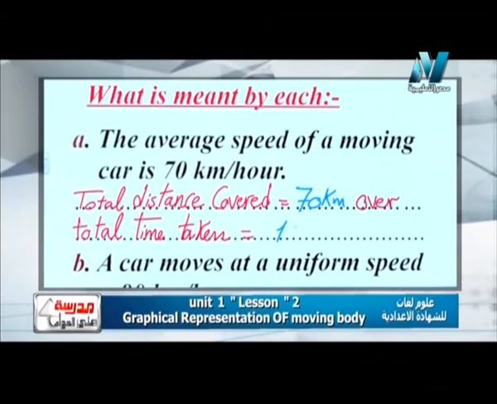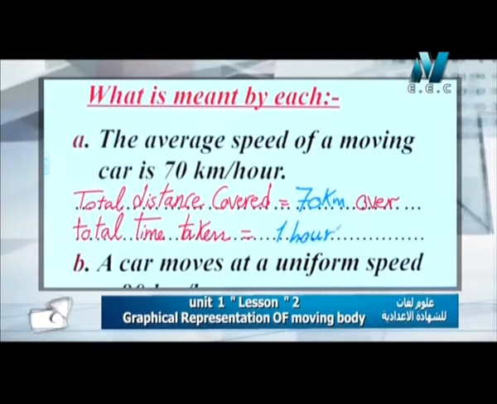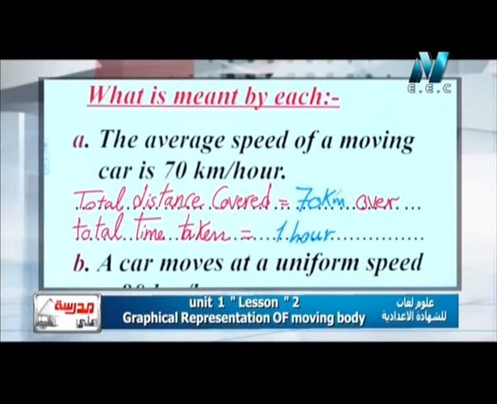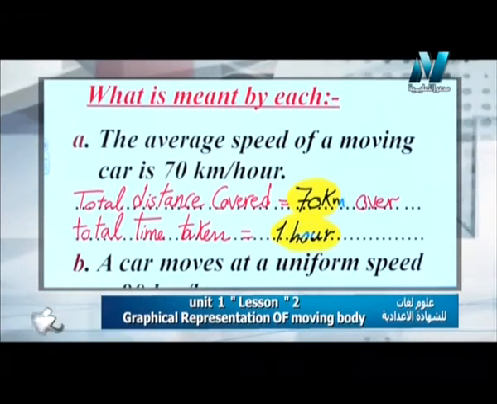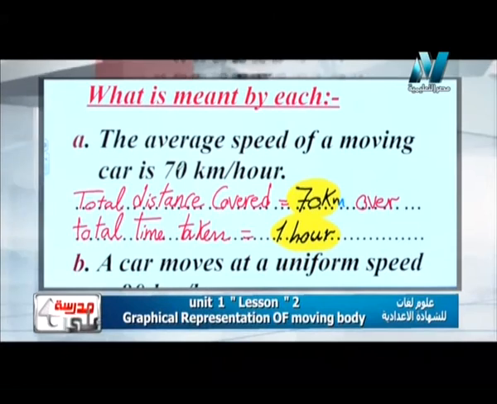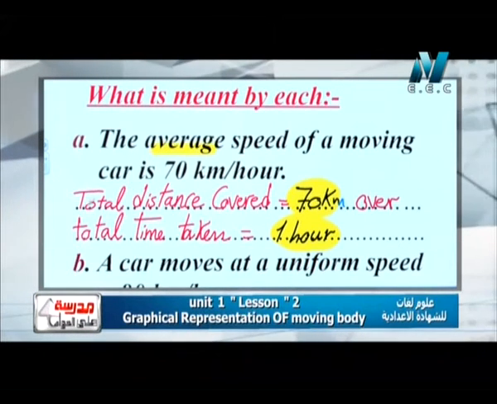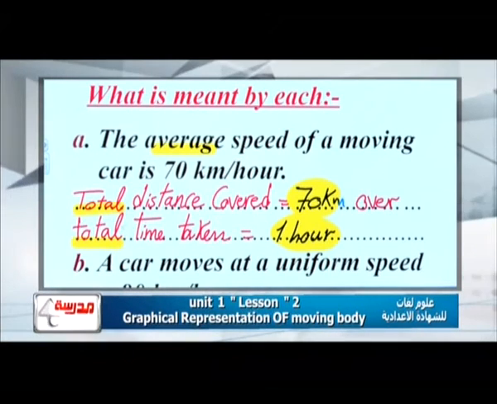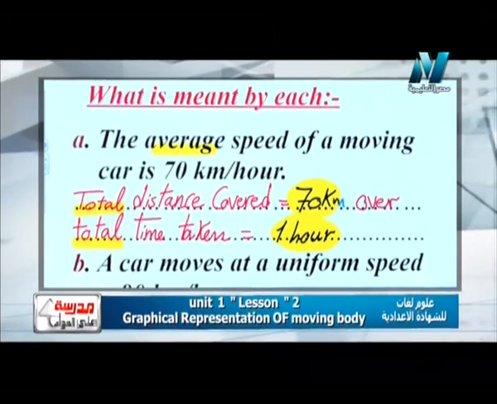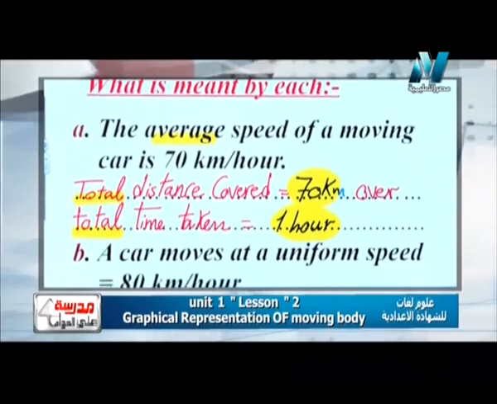Equal 1 hour. So we have average speed. We say total distance covered over total time taken to cover this distance: 70 divided by 1 equals 70.